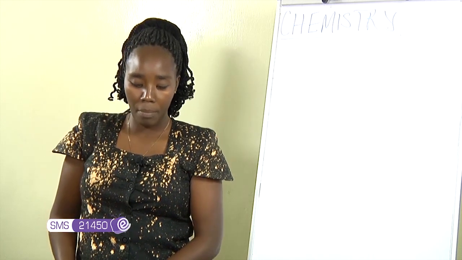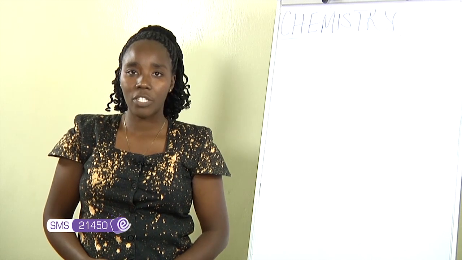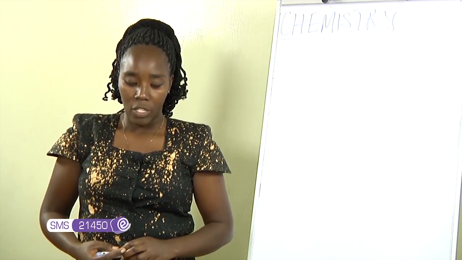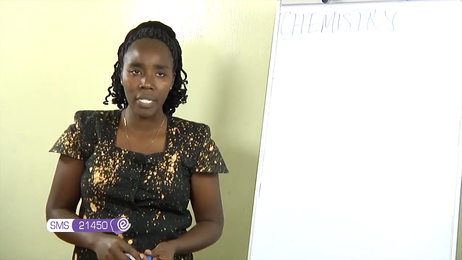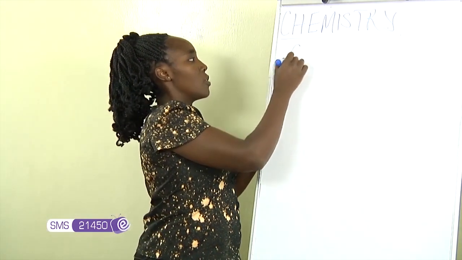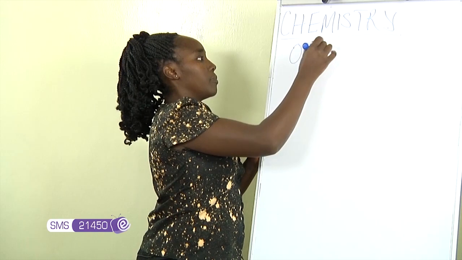Our subtopic number 1, we are going to learn today, the structure of an atom and the periodic table. So the objectives of this topic, as we go through it, we need to know a number of things as we start on it.